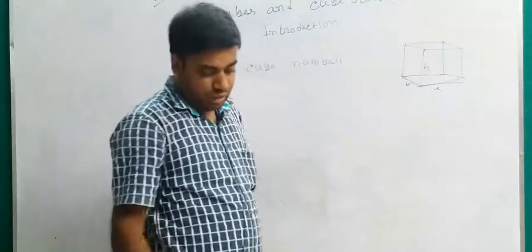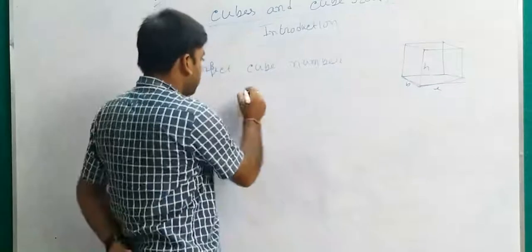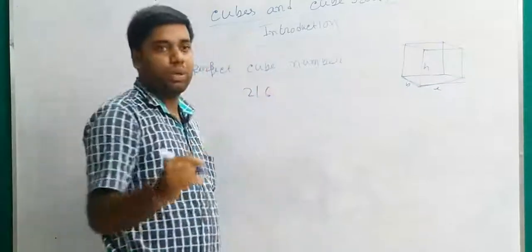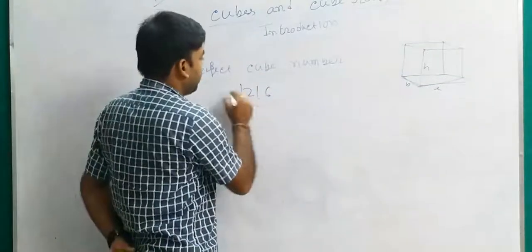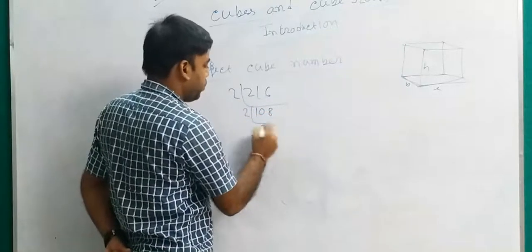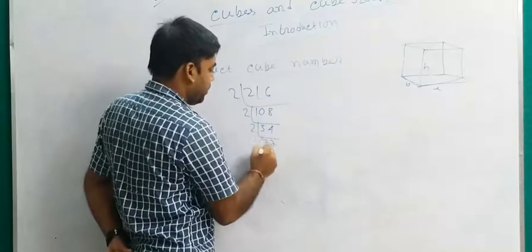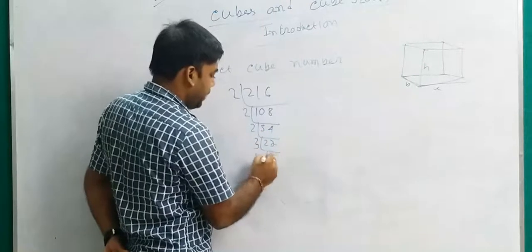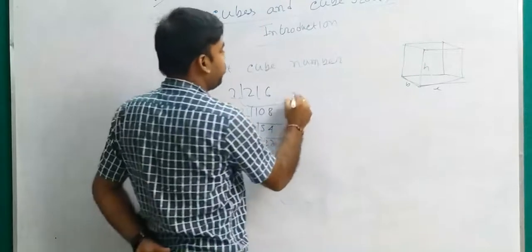Next, the question is 216. Is 216 a perfect cube number or not? Let us check. 2, 108, 2, 54, 2, 27, 3, 9, 3, 3.